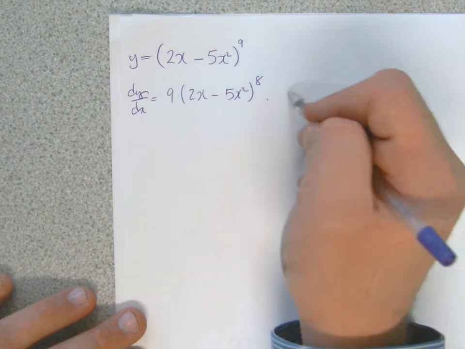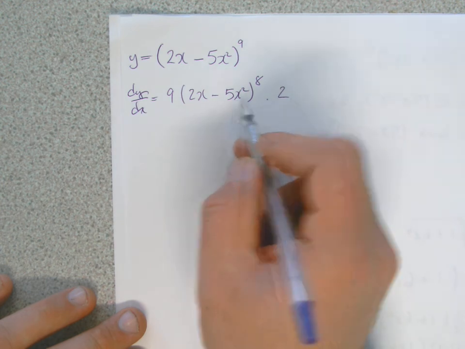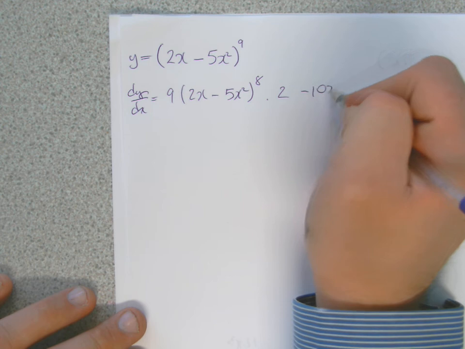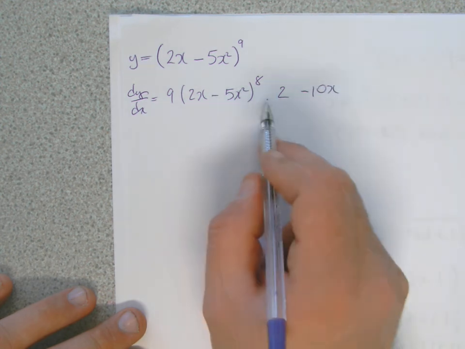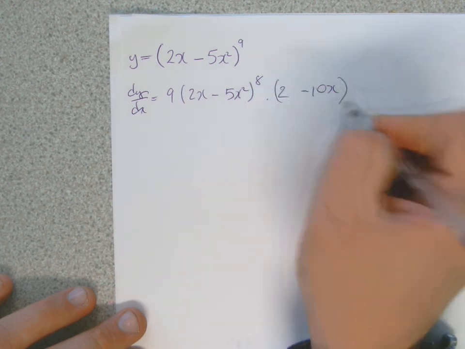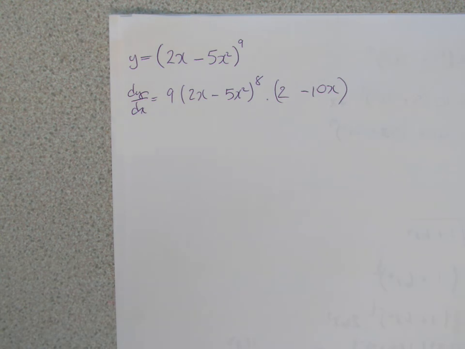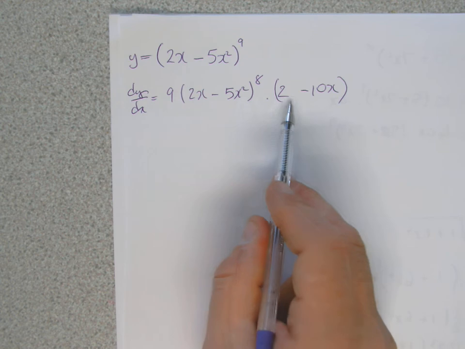Differentiate that, you get 2. And if you differentiate that, you get minus 10x, don't you? Now what I would do is so important, because you want to times this, don't you? What you've done here, you want to times it by the derivative in here. You've got to times all of it, so we need to put this in the bracket. That's really important.